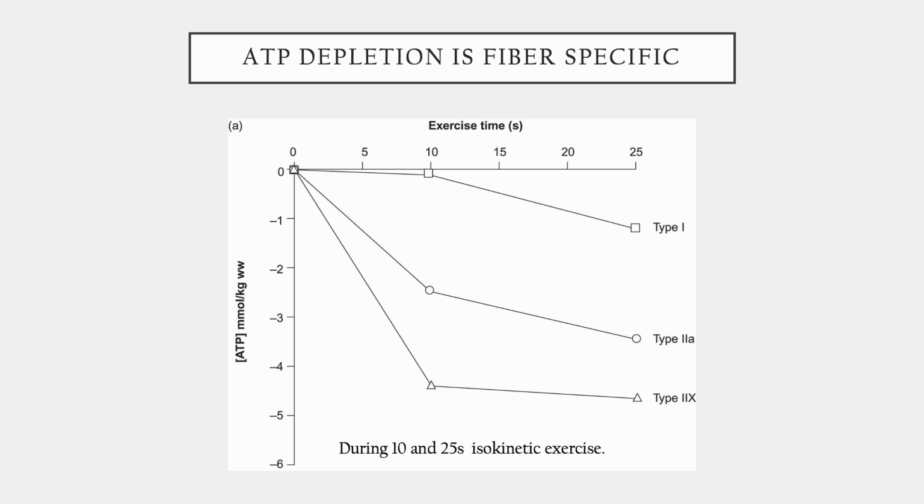Type 1 is our aerobic. So if we apply what we just learned about the ATP PCR system, that would make sense. Our anaerobic system is short bouts, high intensity activities, which means we're going to deplete ATP rapidly. In comparison to type 1, which is aerobic, we can sustain activity for a longer duration. That's all this slide is really saying.